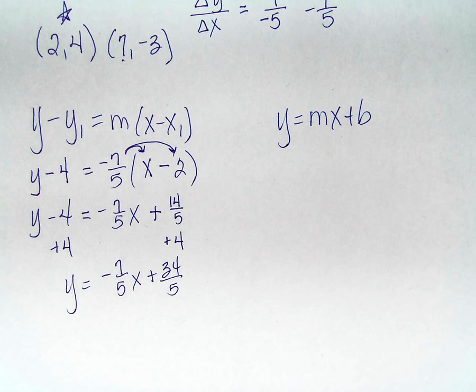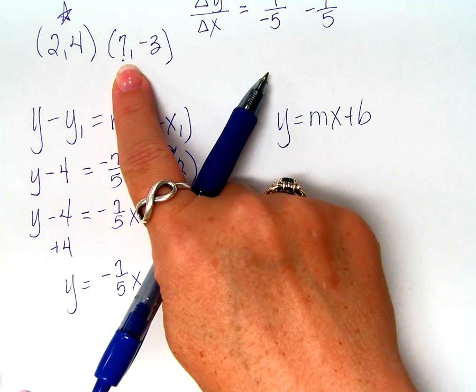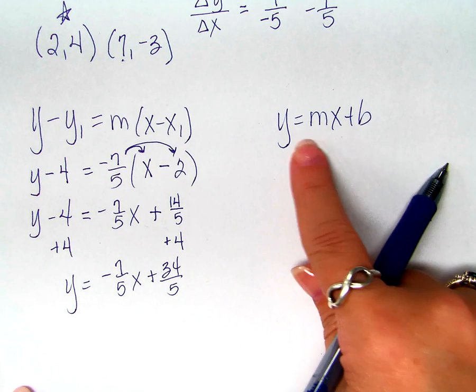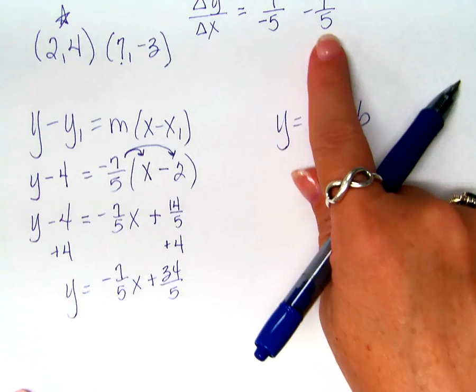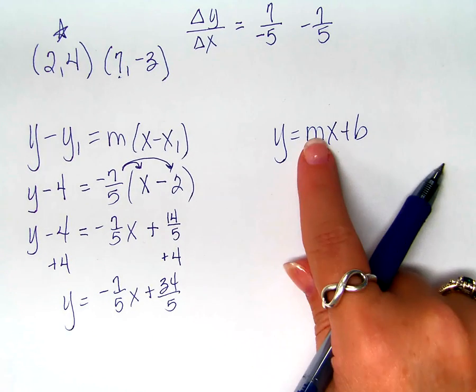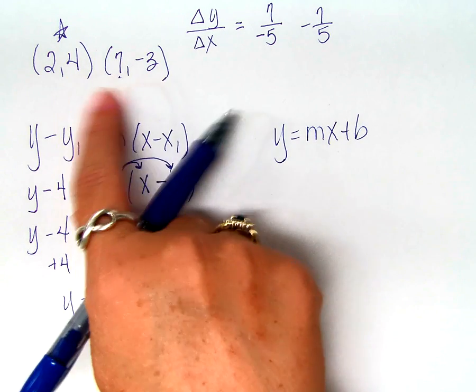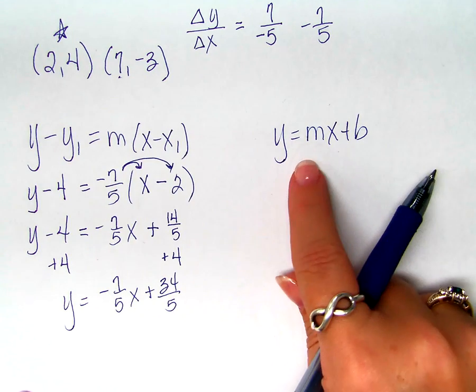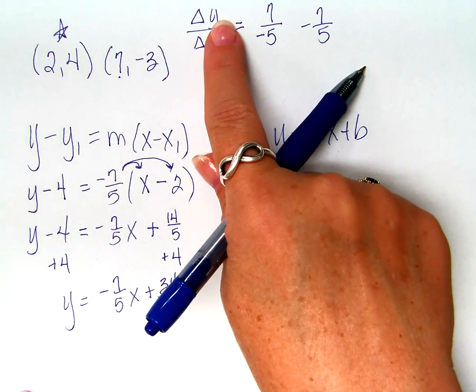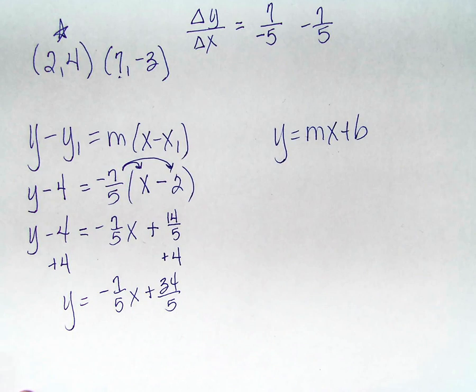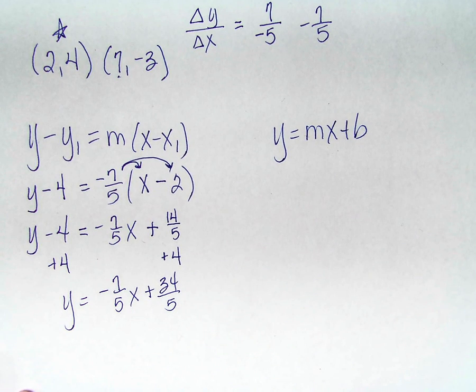Okay. So, if I had these 2 points and I want to find the equation of the line using slope-intercept, guess what I need to know? My slope. Guess what I already found? It's the slope, right? So I can just use that here. If it was 2 different sets of points, I'd have to find it. But if I remember that it's change in y over change in x, so find the difference of the y's over the difference of the x, I'm okay, right?